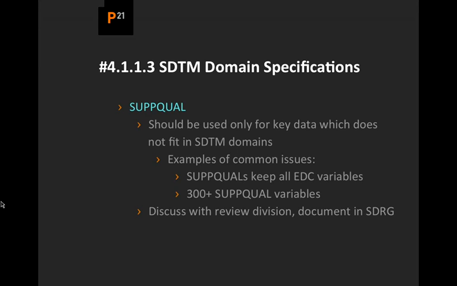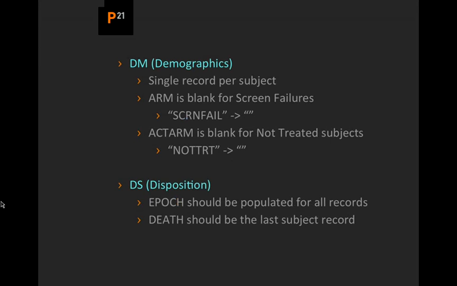Some submissions have more than 300 SUPPQUAL variables which contain all possible data management information, a lot of redundant information. Please keep in mind that only key variables which are used for analysis and review should be present in SUPPQUAL domains. And discuss your approach with the review division, and we need to document everything in SDRG.